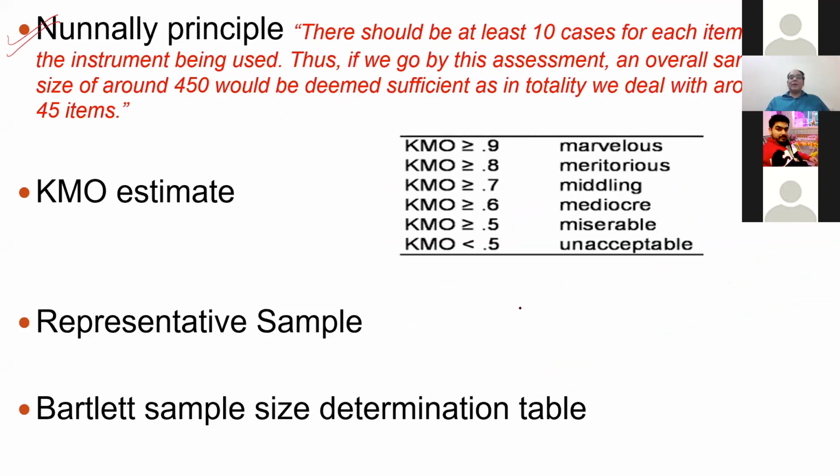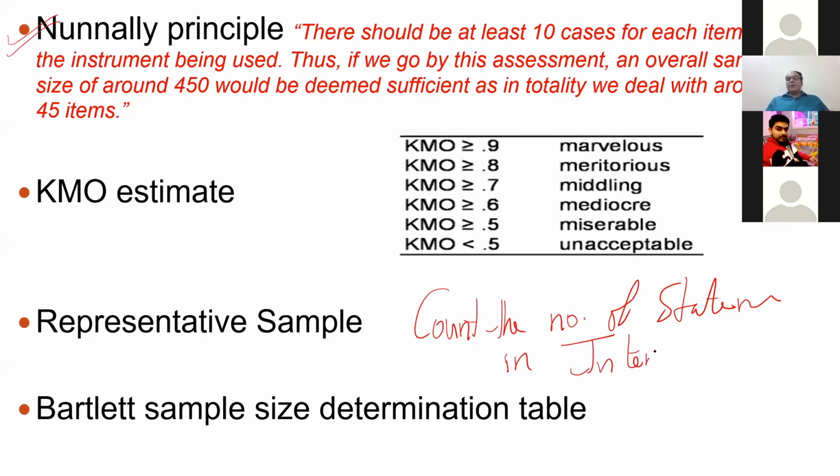So simply count the number of items, right? According to the Nunnally principle, count the number of statements in the interval scale, and after that multiply with 10.